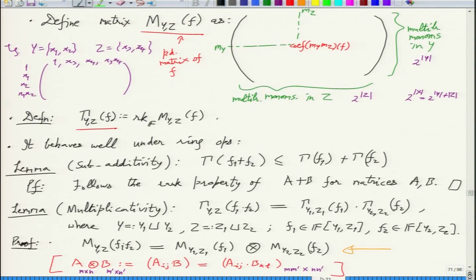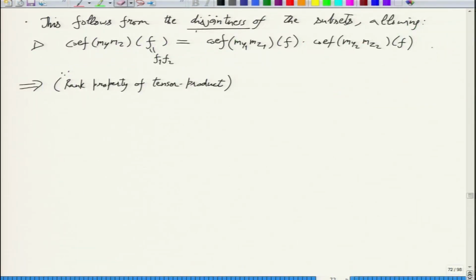Using the definition, you can show that rank of A tensor B is equal to rank of A times rank of B. Okay, so in the end, it is a simple construction. The rank just multiplies. Yeah, so prove these things as an exercise.